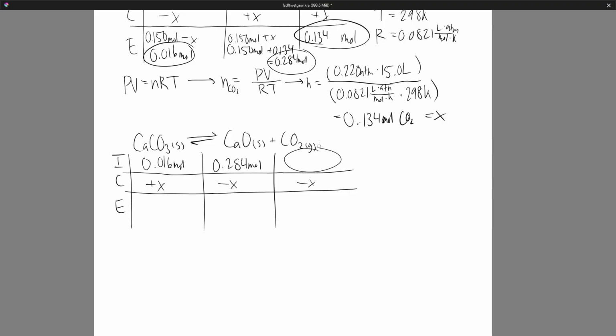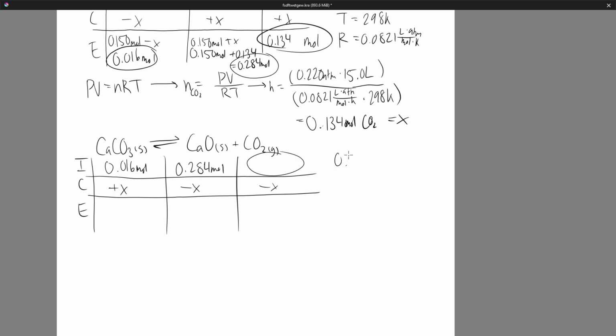Now to find the initial concentration of our CO2, we want to use the 0.275 atmospheres given to us for the second part of this problem and use it to find a number of moles again.